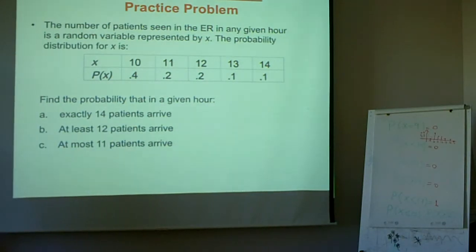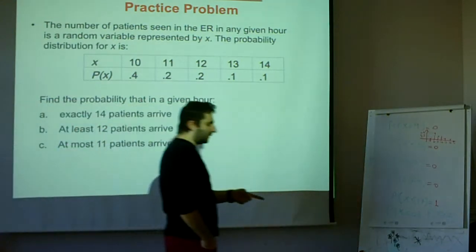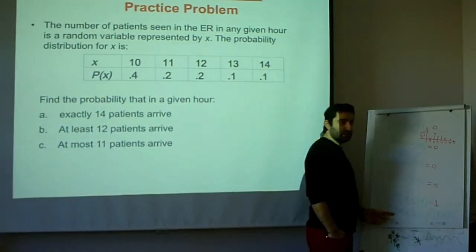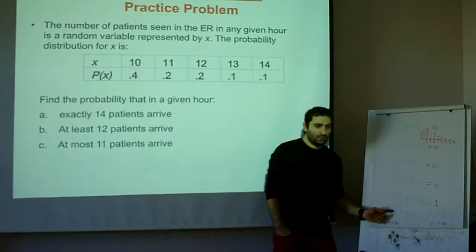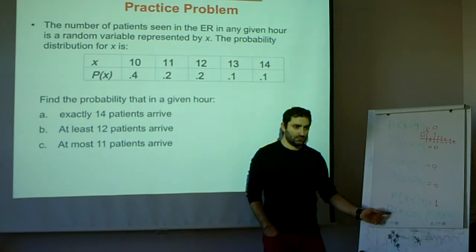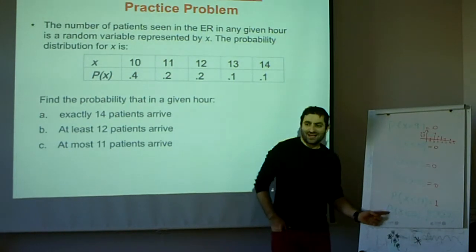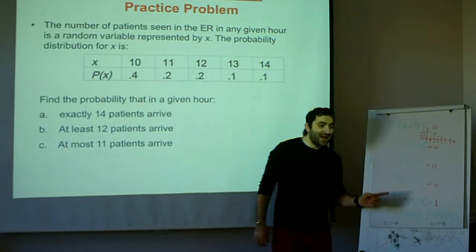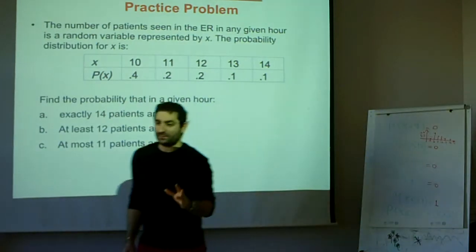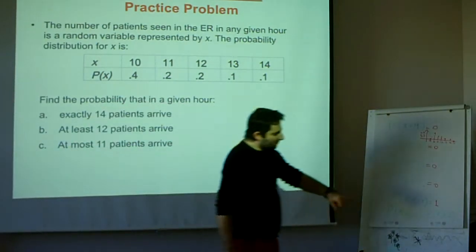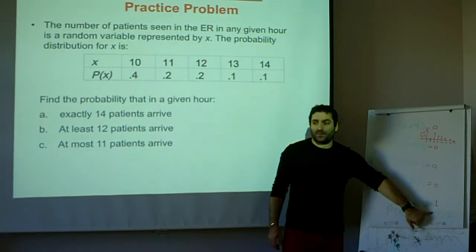If you want to write a sentence, x is less than or equal to 12 means at most. What is the probability that at most, maximum 12 people are visiting? What about this one? At least 12 people are visiting.